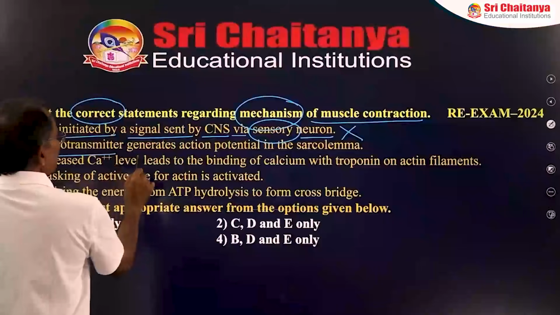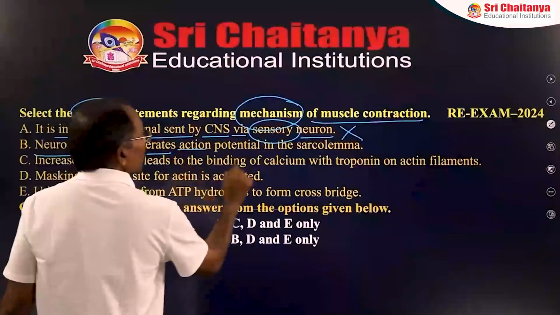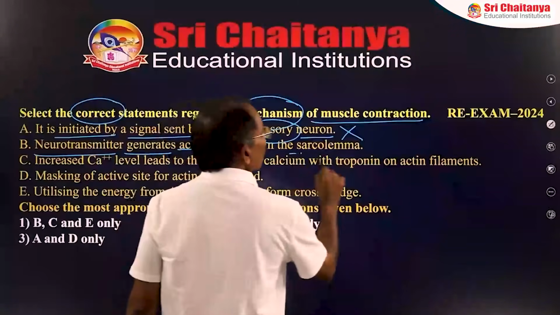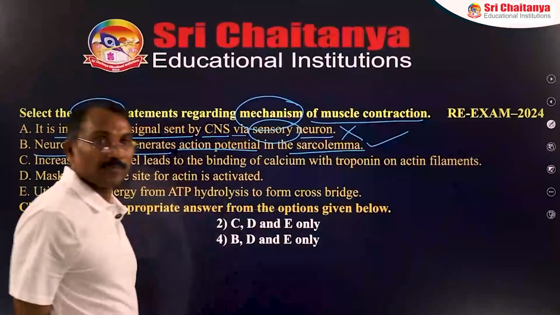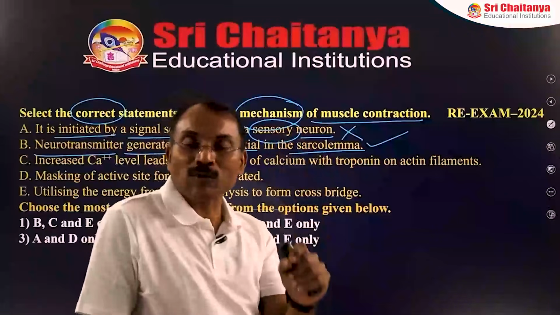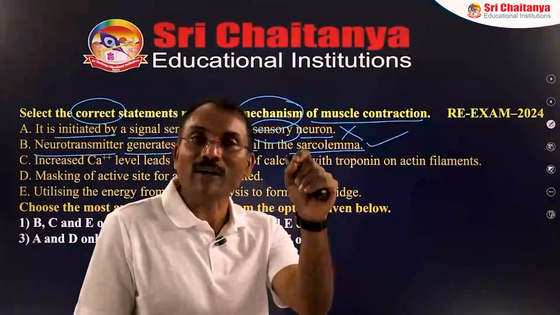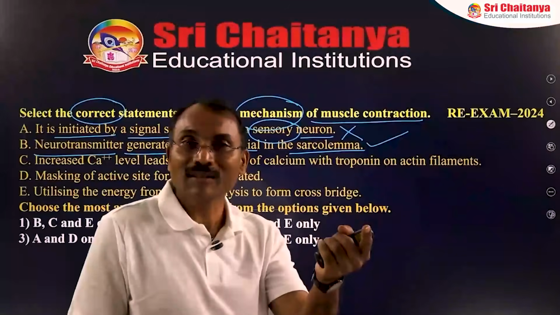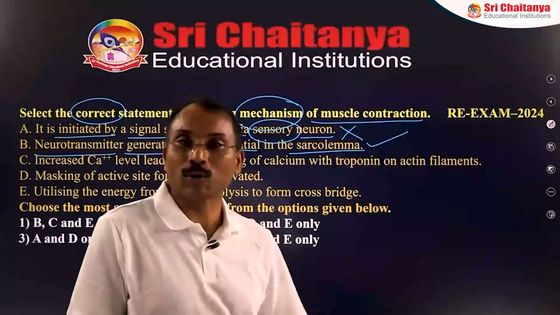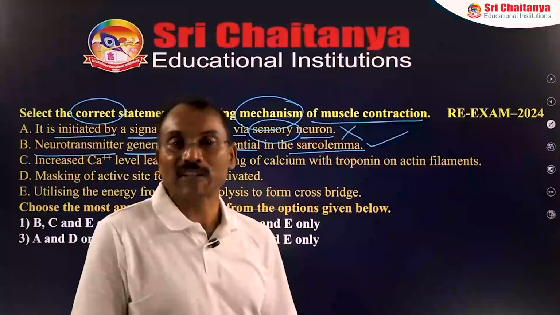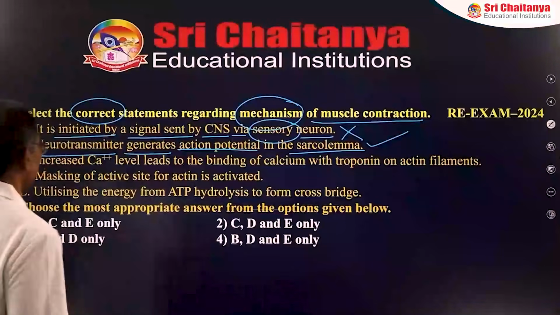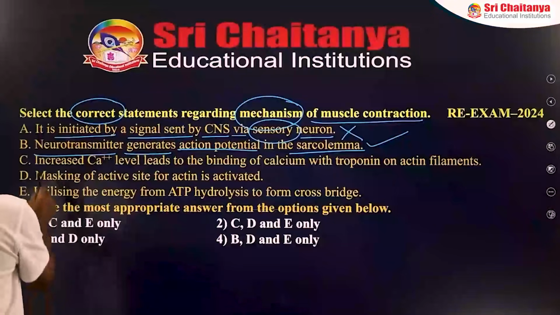Neurotransmitter generates action potential in the sarcolemma. It is correct. When neurotransmitter binds with chemoreceptors of sarcolemma, it causes depolarization of sarcolemma, that is responsible for generation of action potential. Next statement.